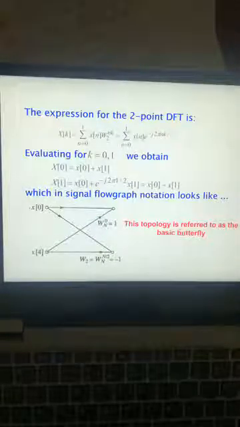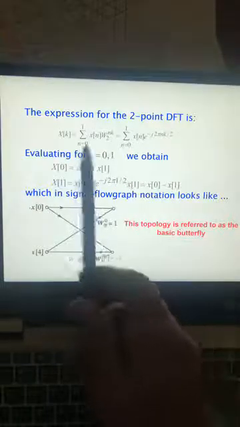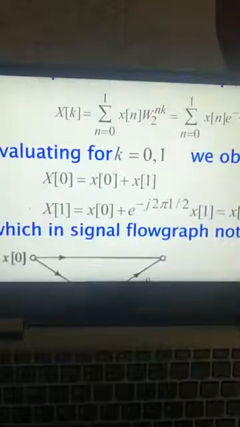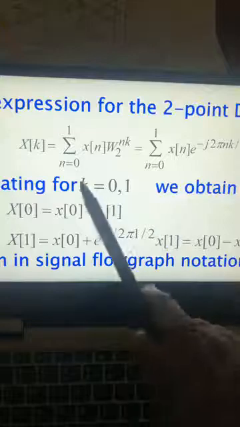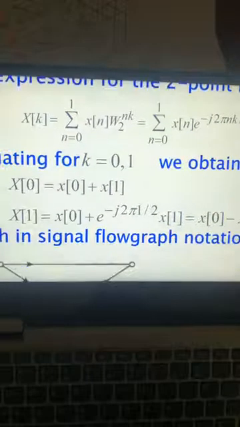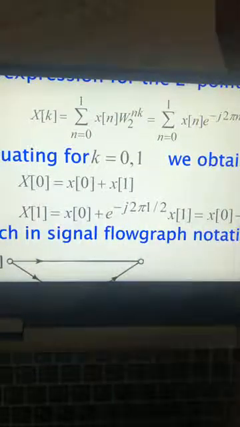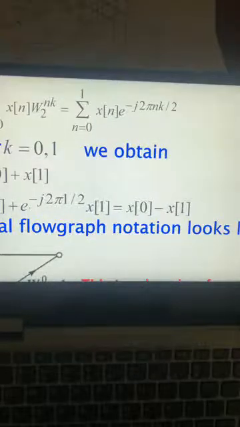Okay, so at the end of the day, you are only calculating a 2 point DFT, and we have seen this. A 2 point DFT is simple. A 2 point DFT where n runs from 0 to 1, and you will realize that it is nothing but adding 2 samples together and subtracting 2 samples. So that's all it is, adding and subtracting.